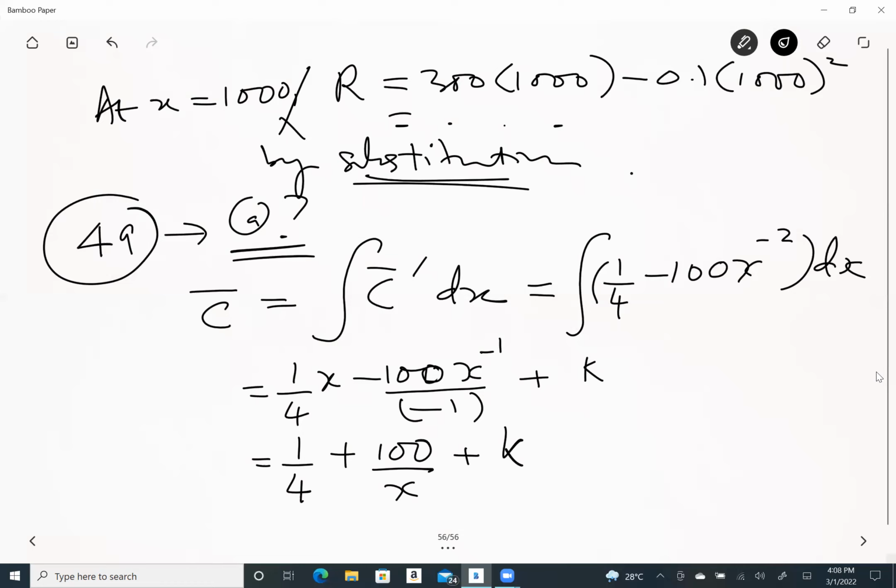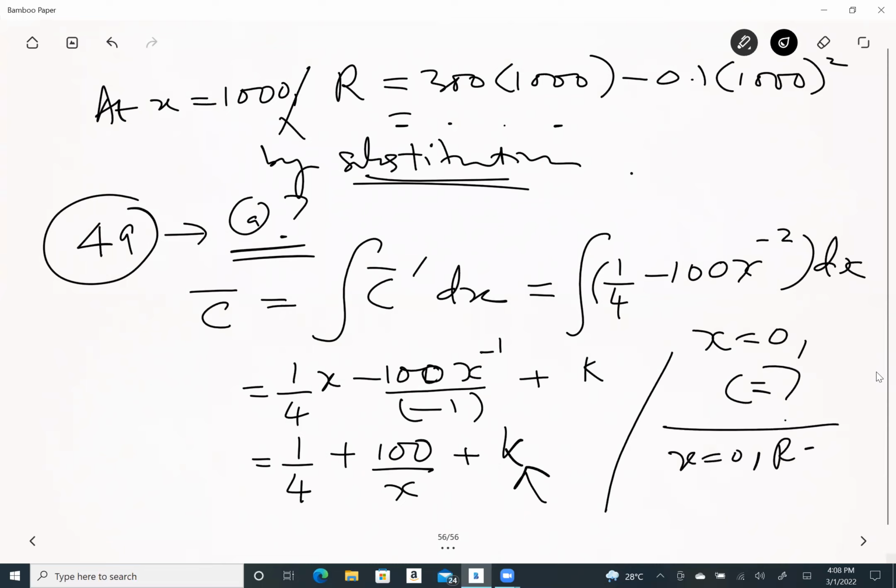So for part B, you want to find the average cost at a certain x. So what do you need? I need that k. So how do you get the value of k? Normally, for a cost function, when x equals 0, what is the cost? That's unlike revenue: when x is 0, R is 0.